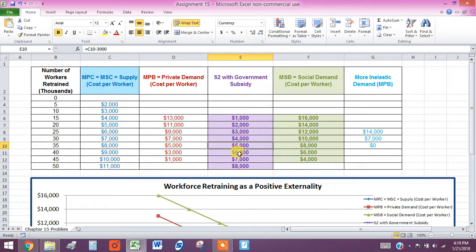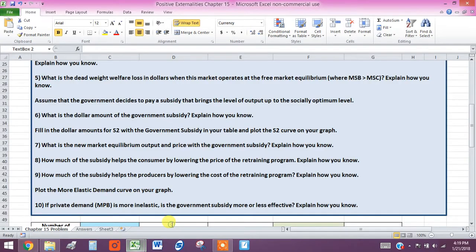Now, the next question is fairly easy, since we know that the total subsidy was $3,000 and $2,000 was in lowering the price for the workers, so the other $1,000 has to have helped the producers.